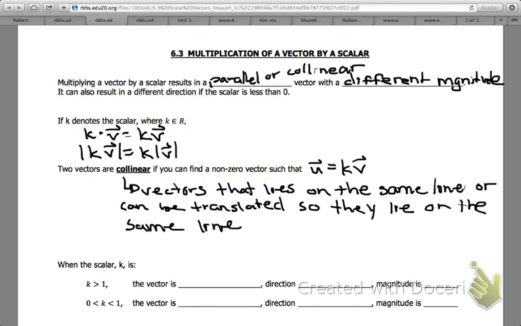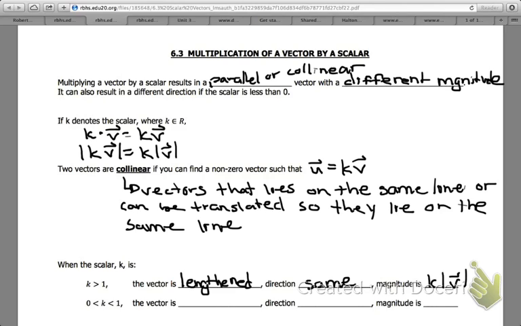So therefore, when the scalar k is greater than 1, the vector is lengthened. So it's like it stretches, it's lengthened, and the direction is the same. And the magnitude is just our scalar k times our magnitude of v, our vector.